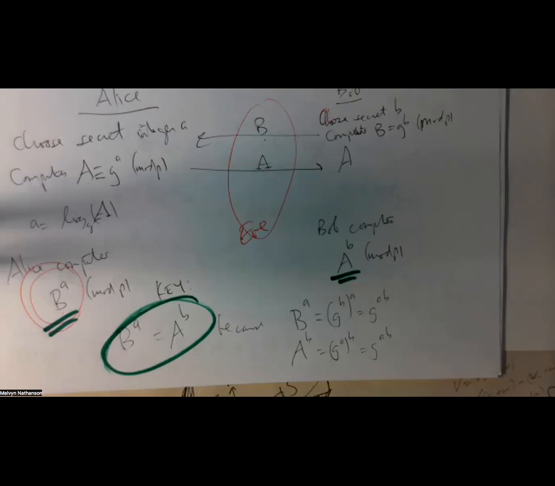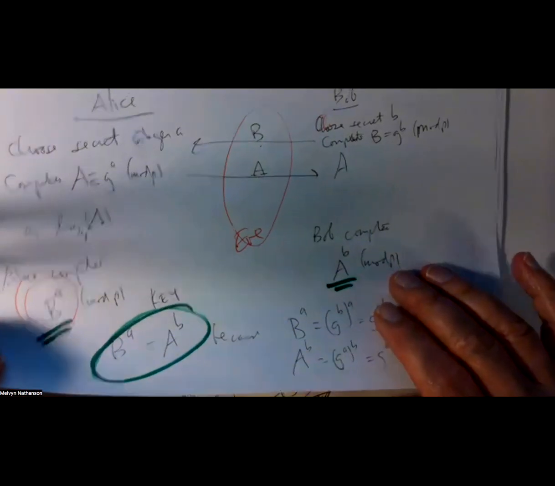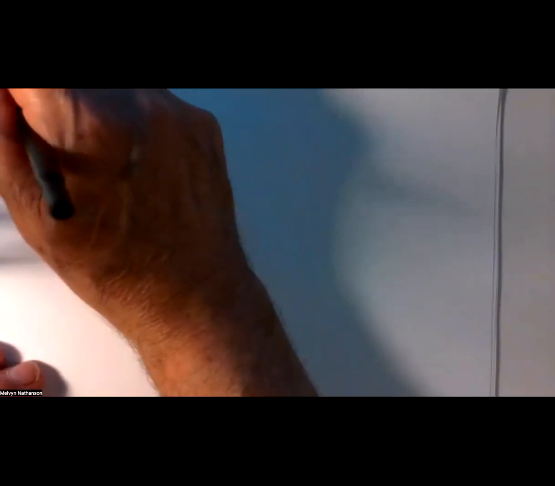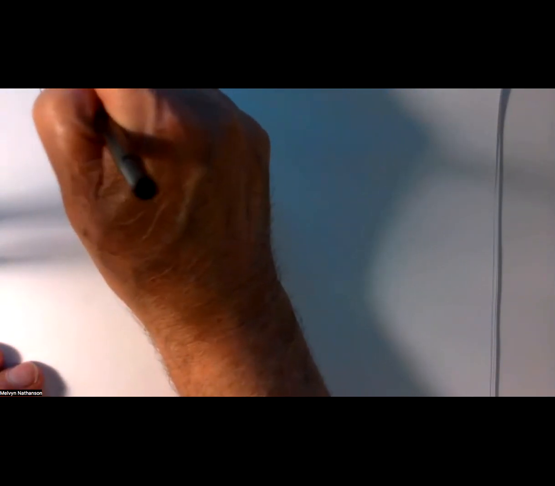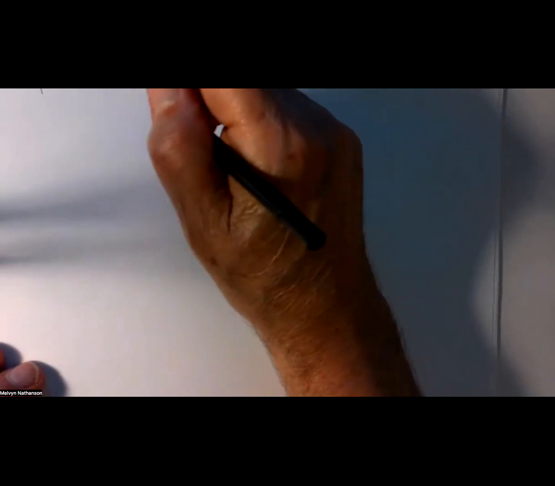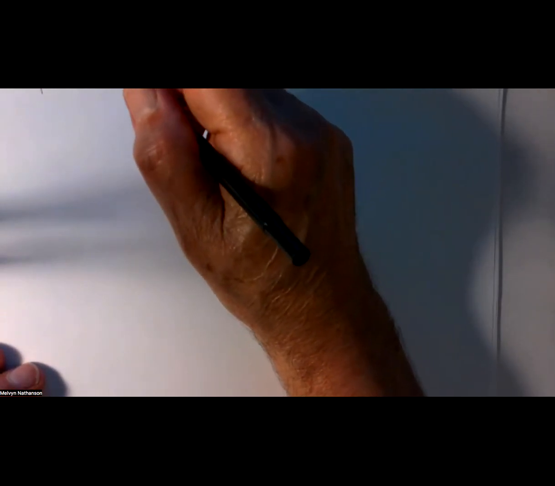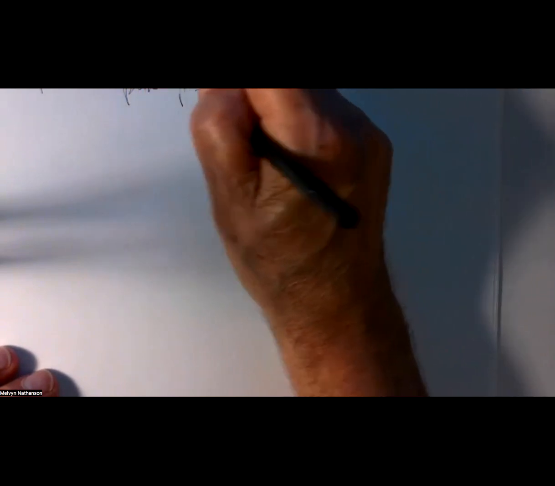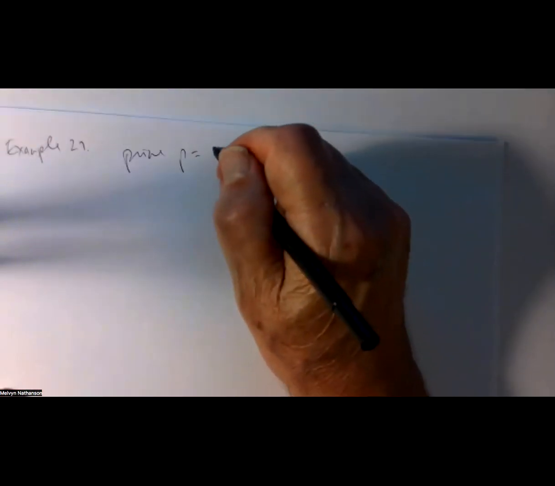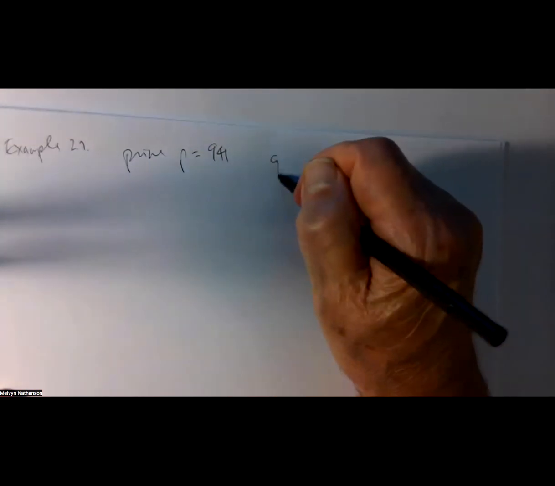So calculations are hard, I guess. But let me look at an example that's in the text. This is example 2.7. So suppose Alice and Bob are given or choose the prime P equal to 941.